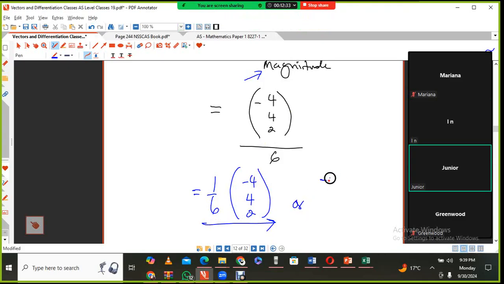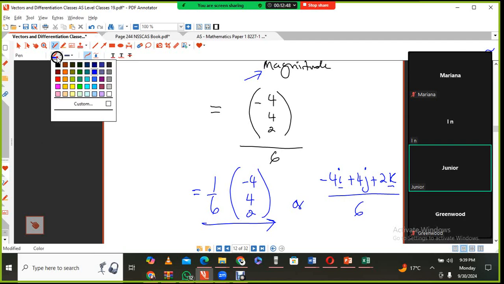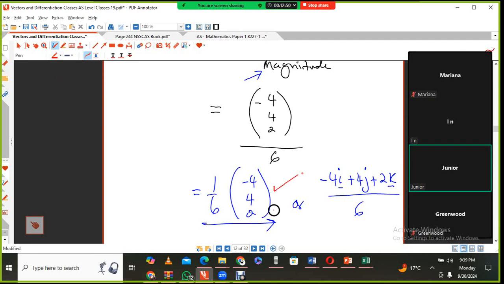Or you can have negative 4i plus 4j plus 2k all over 6. But I think this method is okay, no? You should be familiar with it.